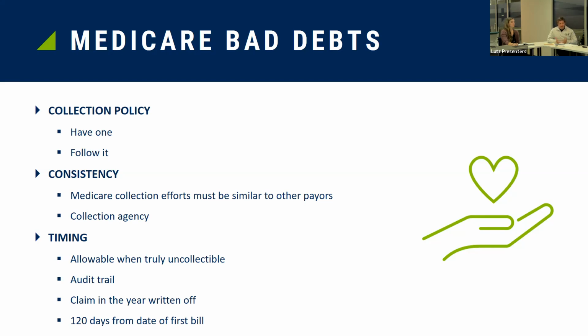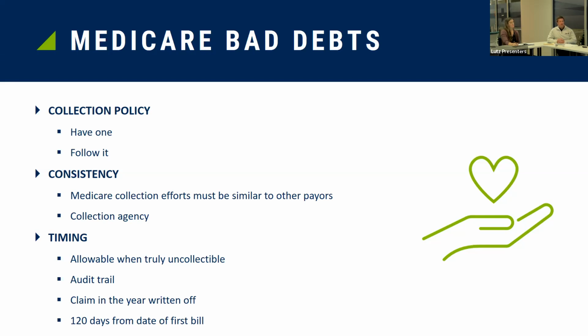The caveat I'll add is if you have ABC collection agency for Medicare and XYZ for non-Medicare, you can do that. But again, those collection agencies need to have the same type of collection effort on their side, not just the same collection effort in-house, but the same collection effort externally for Medicare and non-Medicare.